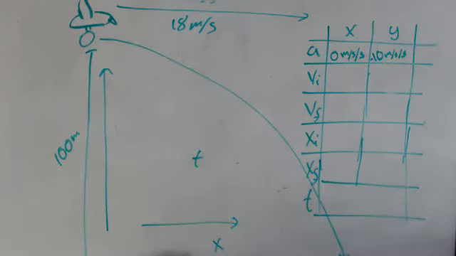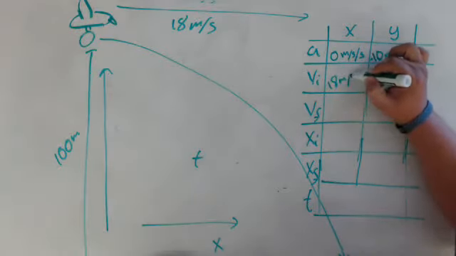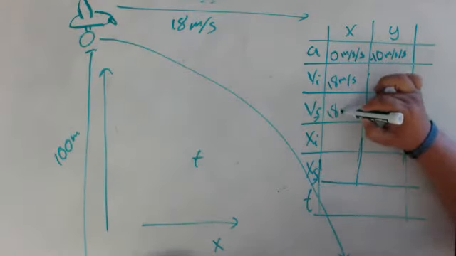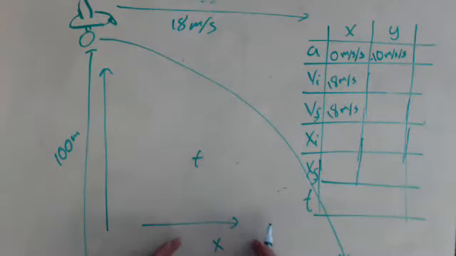It's pointing downwards. The initial velocity in the x direction, or how fast it's moving this way, is 18 meters per second, and because there's no acceleration in the x direction, the final velocity is going to be the same value. Why is that so? Well, remember, acceleration by definition is a change in velocity.